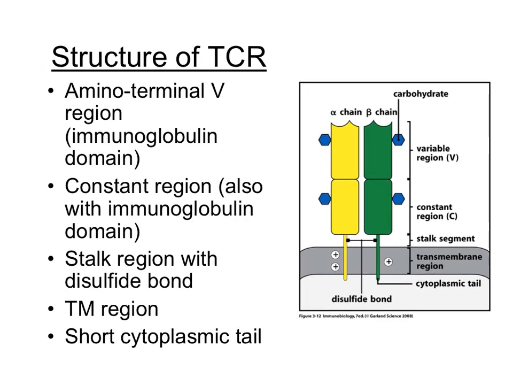More structure. As I said, these are immunoglobulin-like domains, so two yellow, two blue. They have constant regions and they have more variable regions, just like we saw. There is the disulfide bond, and there is a very short transmembrane region. Notice the cytoplasmic tails are incredibly short.